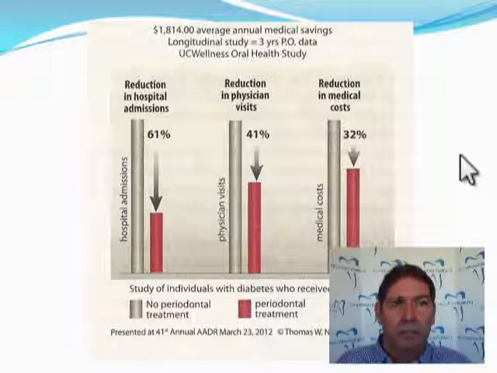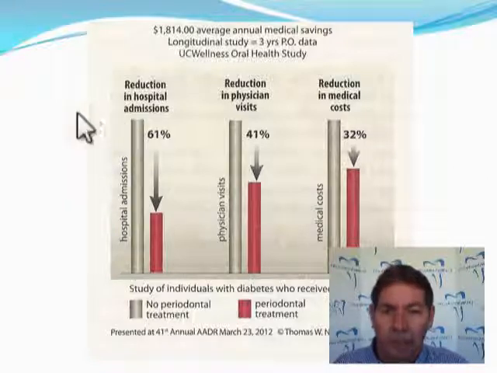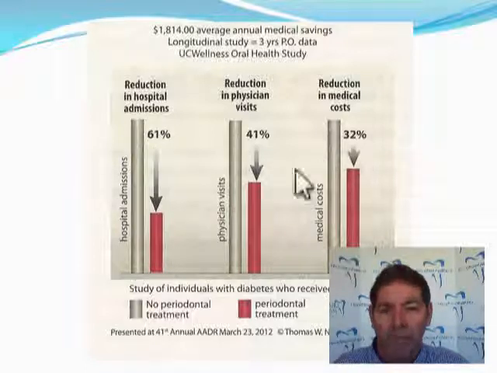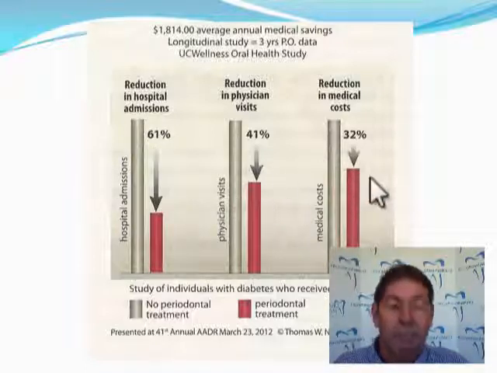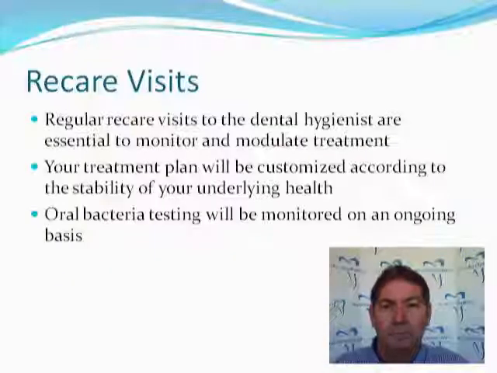And what I mean by under periodontal care is that you're seeing the dentist regularly and you're receiving the proper disinfection protocol, your bacteria is under control. If you don't think this is cost effective, this is emerging science right here, okay? The insurance companies are catching on to the fact that the dentist is very important in overall healthcare costs, and this study that was done in 2012 was the first one to really point this out.